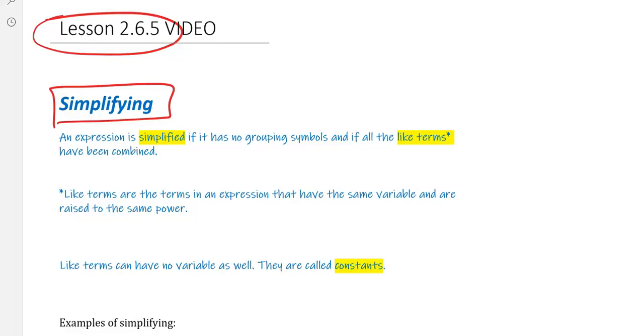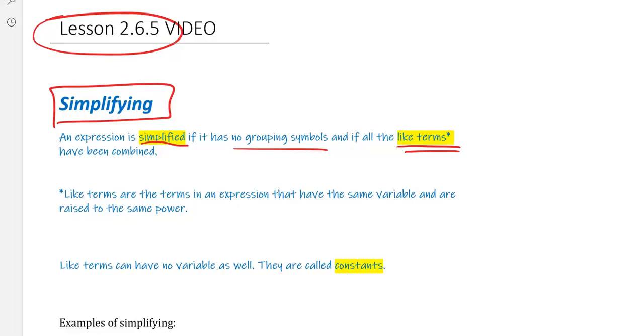We know that an expression is simplified if it has no grouping symbols left in it, and if all of the like terms have been combined. Now, do you remember what a like term is? What are like terms? Well, luckily for you, I have the definition right here.